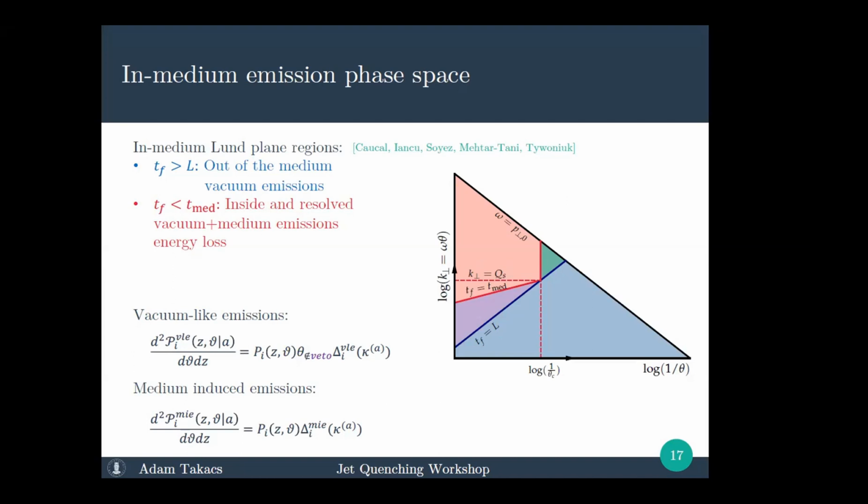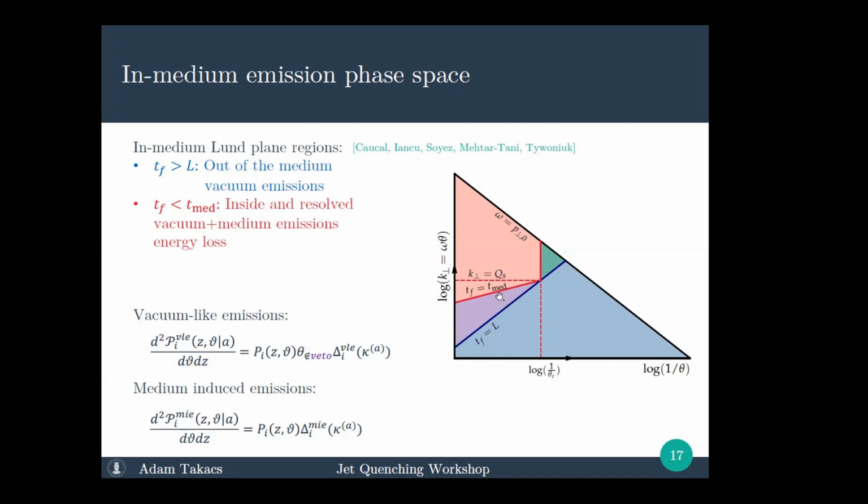And then I can ask when this time scale is comparable with the medium size. If the time scale of this formation is much longer than the medium size, then I see that the whole particle just went through the medium and then it split. So this is the blue region, which we consider as an out of medium region.